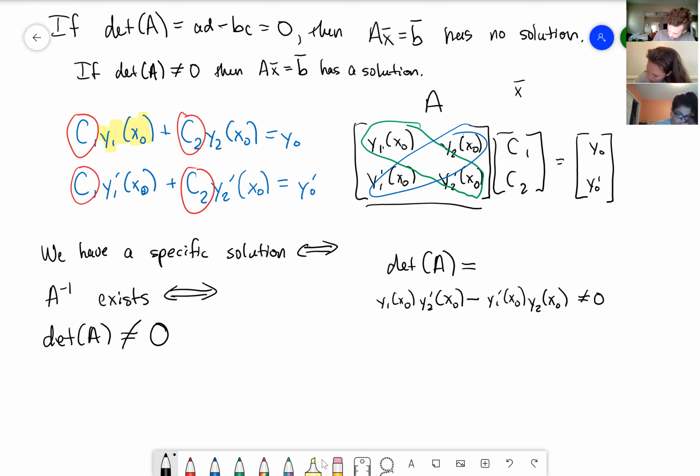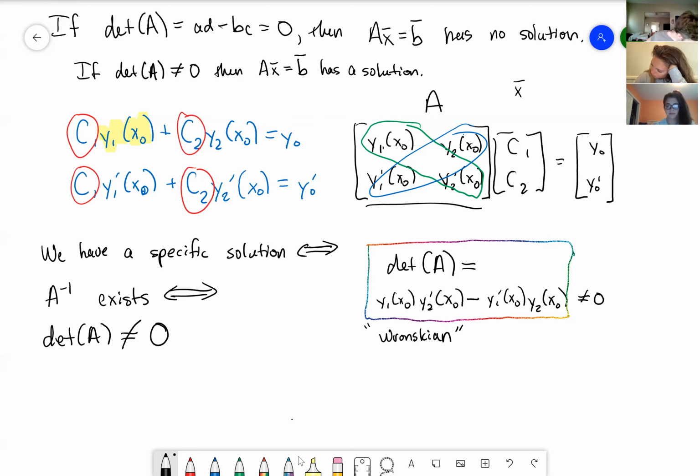Now this quantity right here is called the Wronskian. And this is named after Joseph Maria Wronski, who's a Polish mathematician, philosopher, lawyer, economist, and occultist.